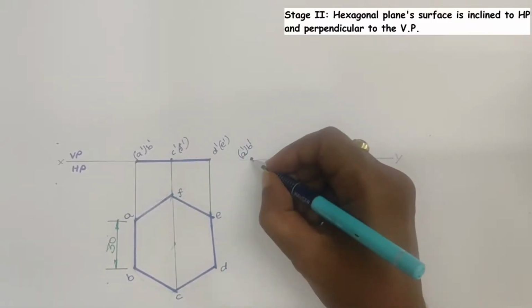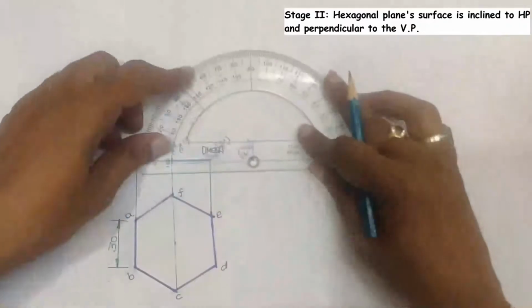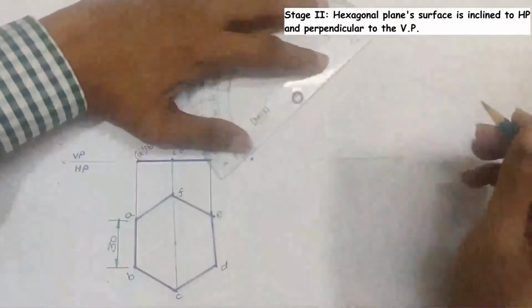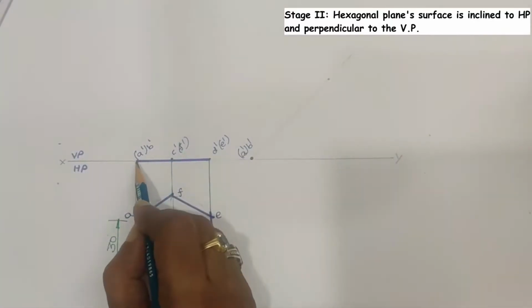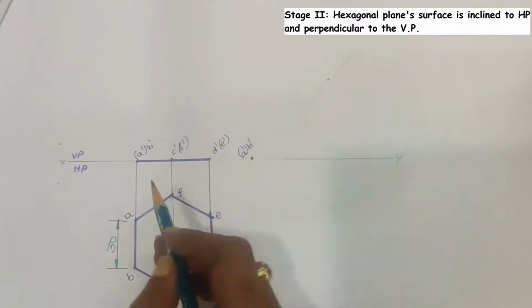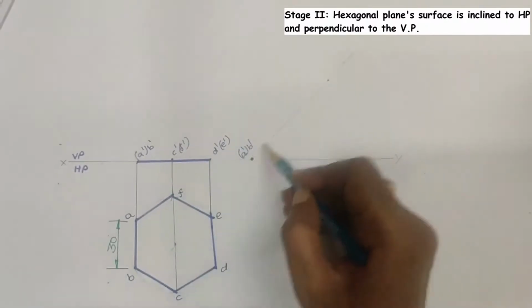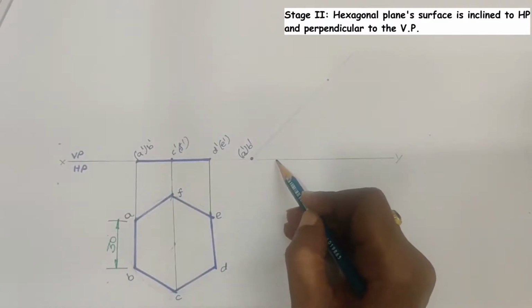Then here draw the 45 degrees inclination line. Here we are going to reproduce the first stage front view into the second stage front view such that this A dash D dash line is going to incline with an angle of 45 degrees to the XY line.